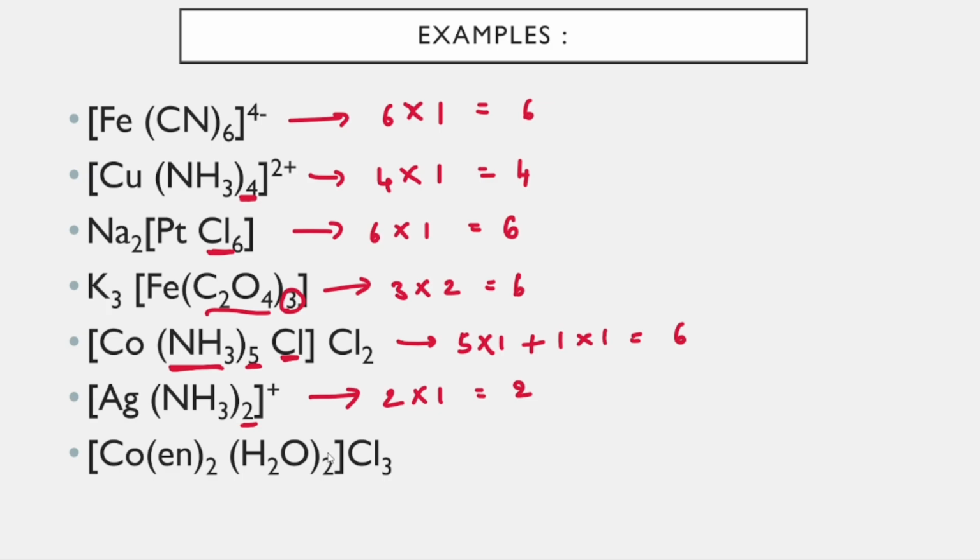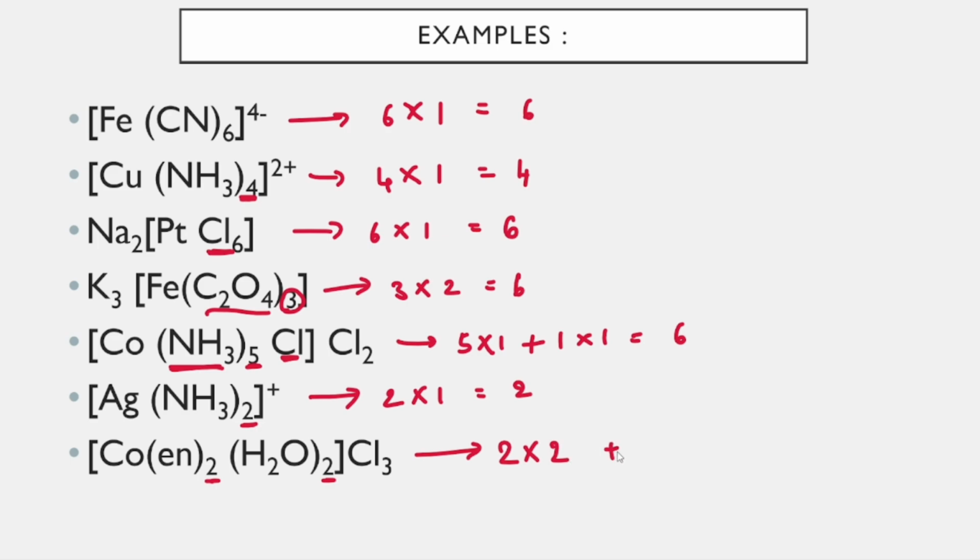The last one, [Co(en)2(H2O)2]Cl3. We have to calculate only the ligands; Cl3 is a counter ion. Here we have 4 ligands in total. First, en is ethylene 1,2-diamine, which is a bidentate ligand, so its denticity is 2.